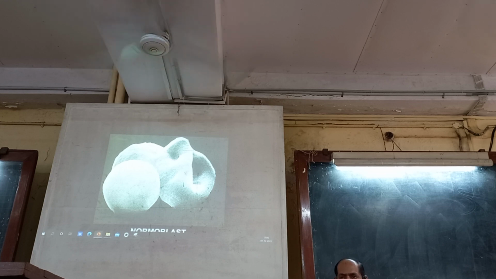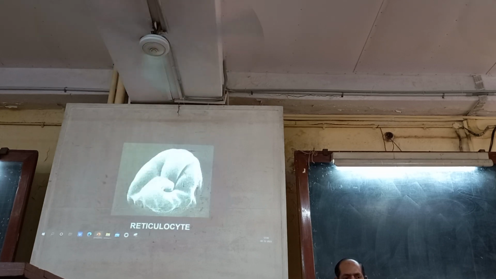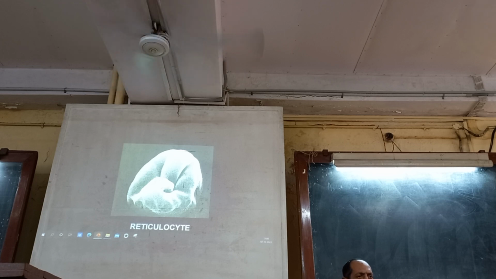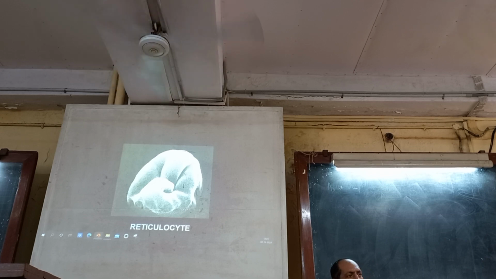And the normoblast becomes a reticulocyte. You can see the reticulocyte sends in processes to pluck the nucleus and throw it out. A reticulocyte and an erythrocyte have a similar amount of hemoglobin, similar size, similar surface area.